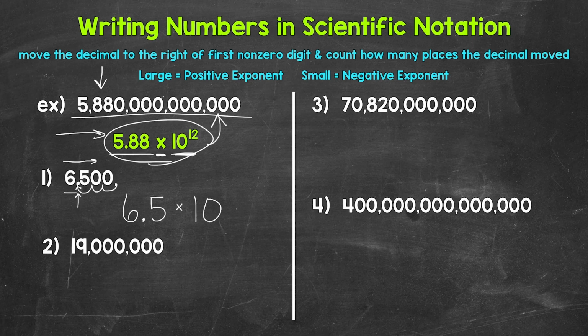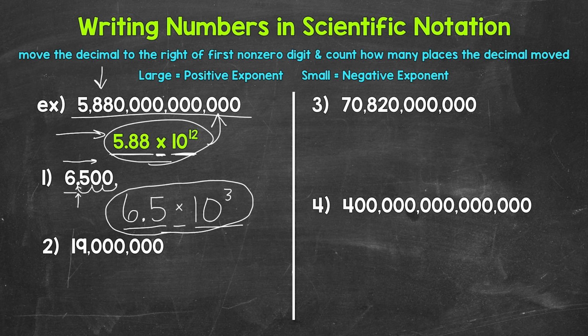So we need an exponent of 3 here. And this is our scientific notation. 6.5 times 10 to the power of 3. This is equal to 6,500. We have a number greater than or equal to 1, but less than 10, times a power of 10.